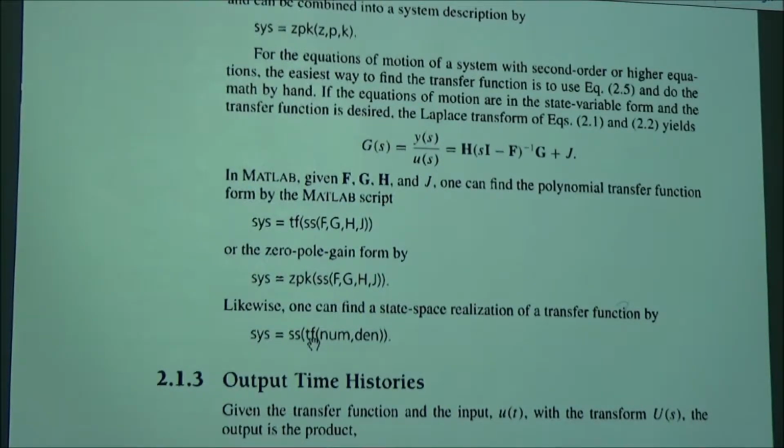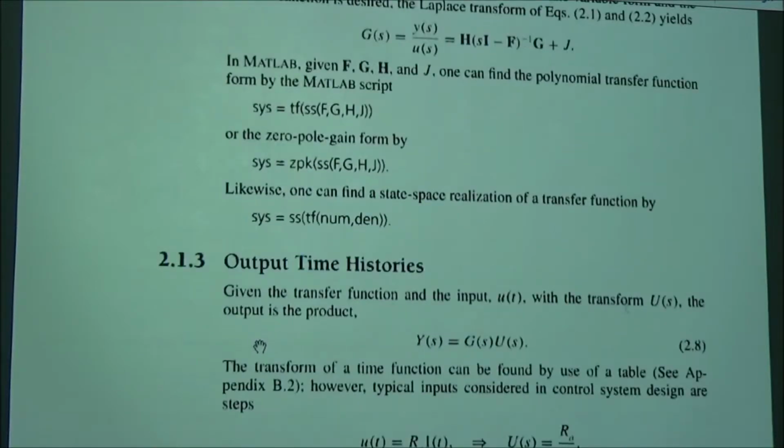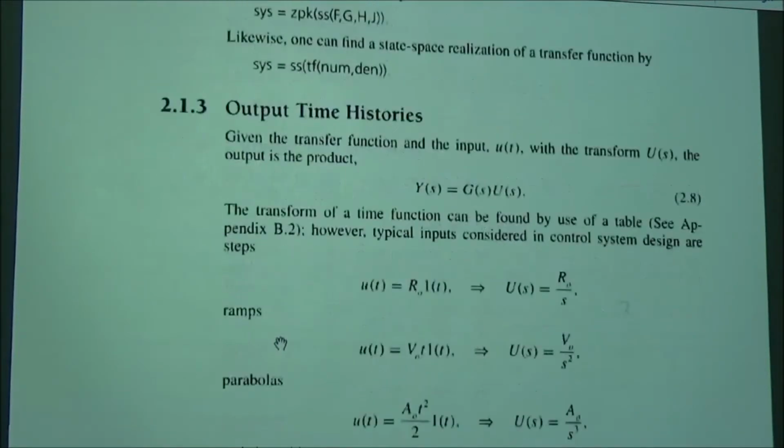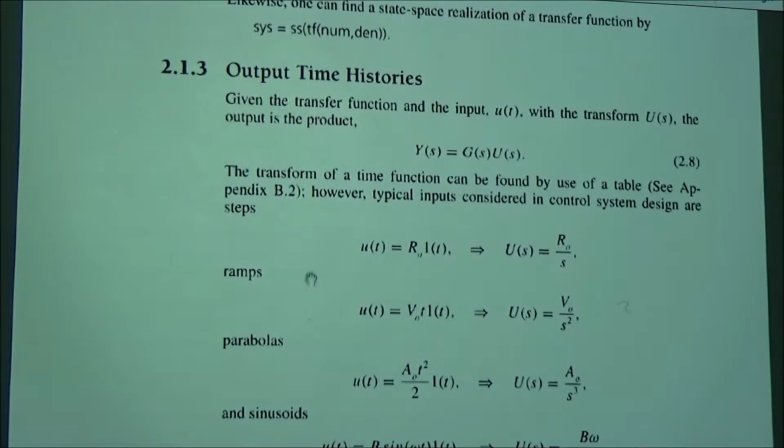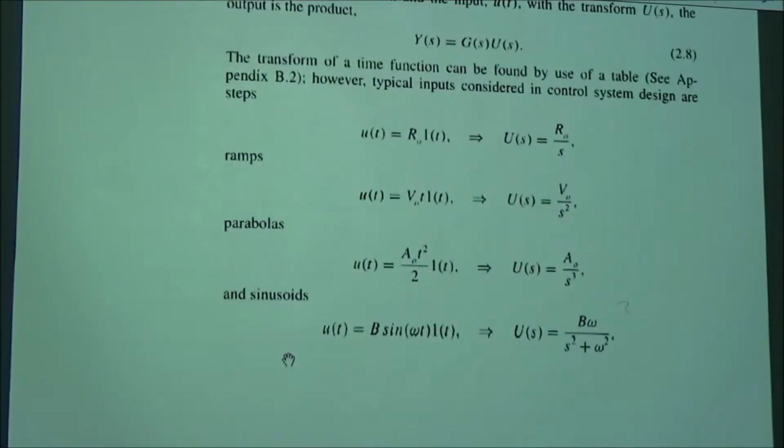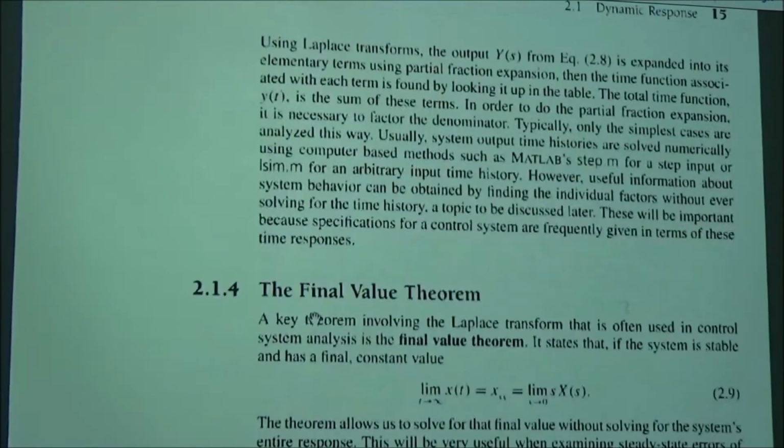And you could also have a transfer function formulation in Laplace transform, and through SS, state space, convert it to F, G, H, and J matrices. Okay, and you have signals: a step input, ramp input, parabolic input, sinusoidal input, and so forth.